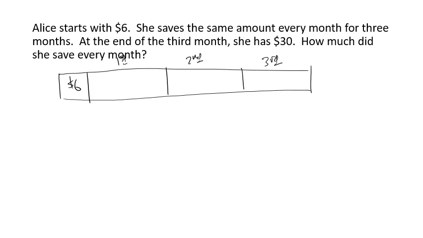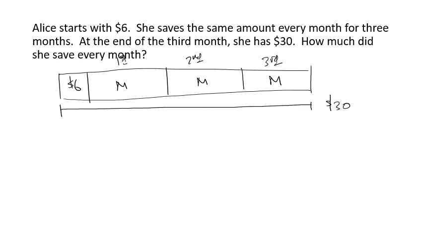And we know that this is the same amount each month. So we'll call this M for money, or even M for month. So we've got these 3 M's, and we know this total amount is $30.